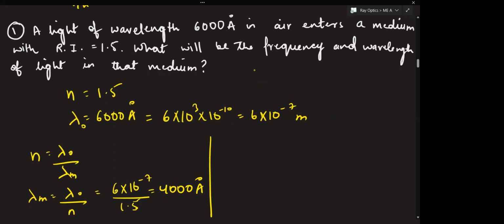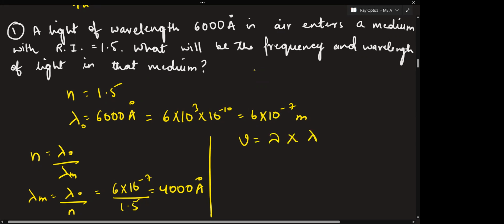Now regarding the frequency, remember, when light travels from air to the refracting medium, frequency remains unchanged. So it does not mean that you have to find the frequency in air and in that medium separately; both will be the same. Speed is always equal to frequency multiplied by wavelength, so frequency equals speed divided by wavelength.